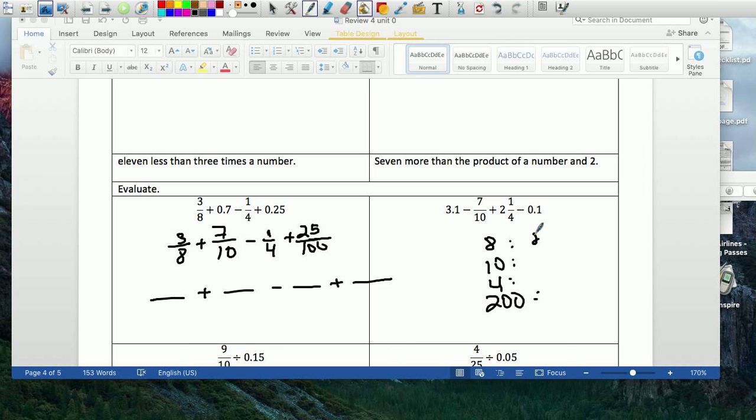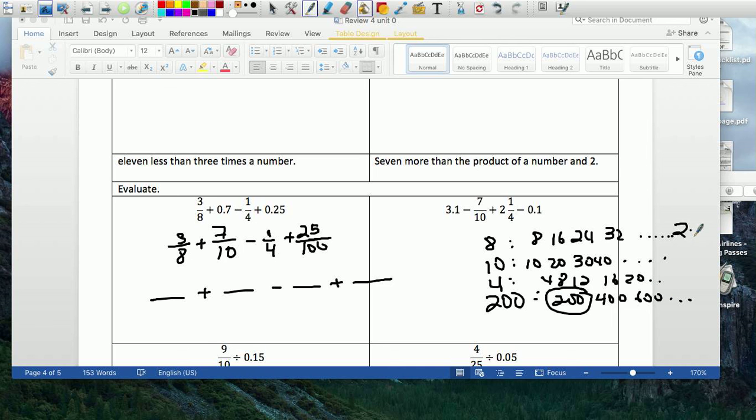So 8 times 1 is 8, 16, times 2, times 3, times 4, and it's going to go on and on. 10, 20, 30, 40, on and on. 4, 8, 12, 16, 20, on and on. 200 times 1, 200 times 2, 200 times 3, and on and on. So I'm going to show you that 200 would have been the LCM.